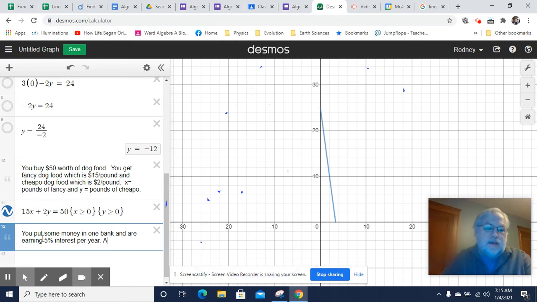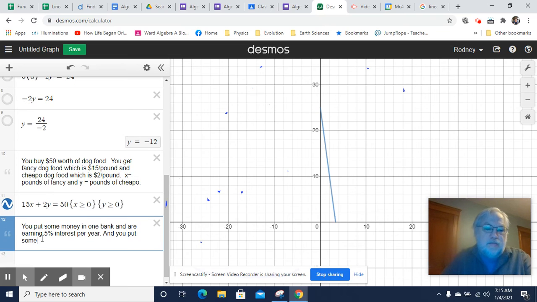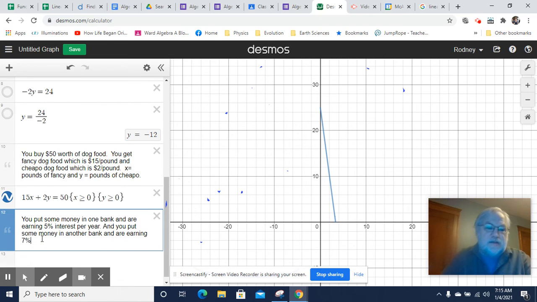Okay, and you put some money in another bank and are earning 7%. These are really high percents, by the way. Banks never give you this sort of amount per year, unless you're investing enormous amounts of money.